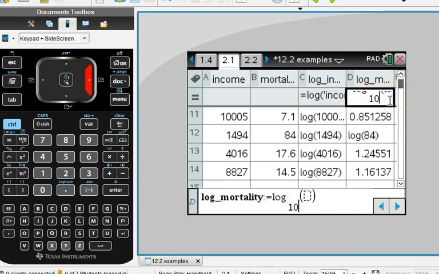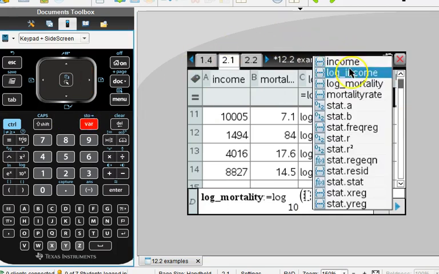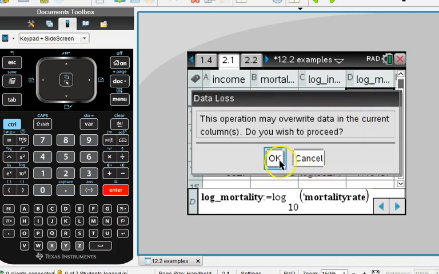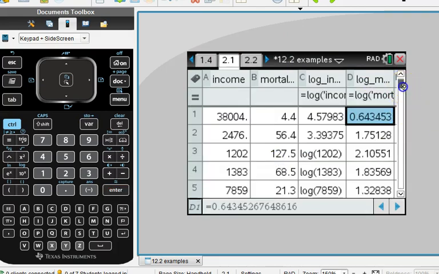Log base 10 of variable, there we go, mortality. Okay, so then that gave me all of this data here. Notice sometimes it comes out as log and an exact value, and sometimes it comes out as decimal. It just depends whether the number over here has a decimal point in it already or not. It's the same number, so it really doesn't matter.